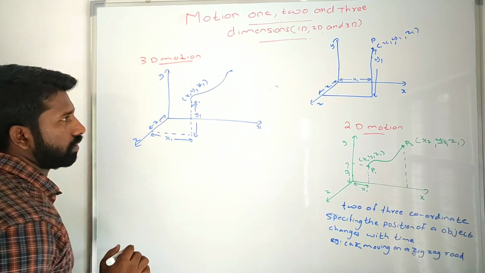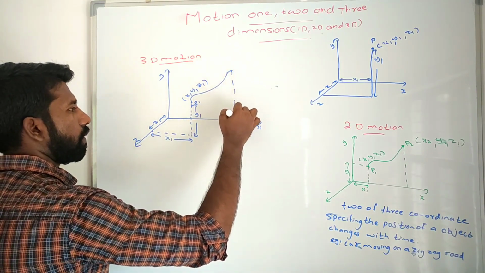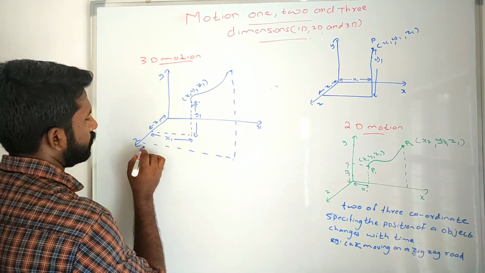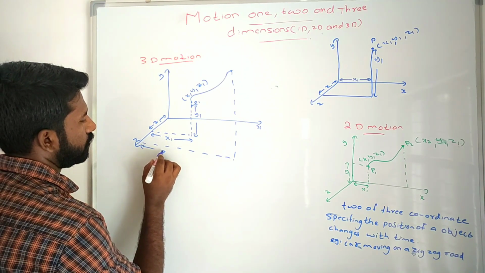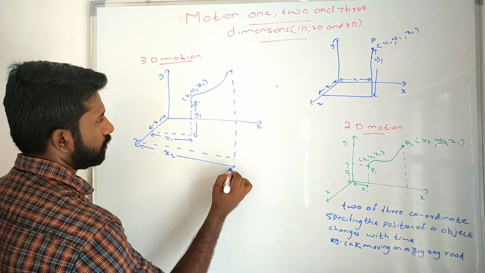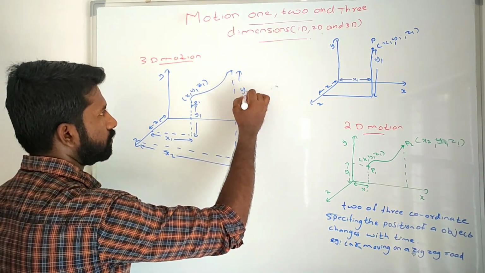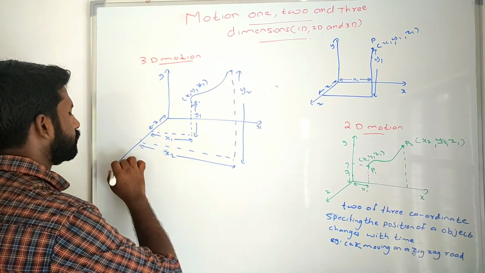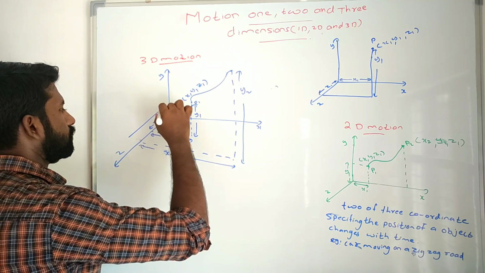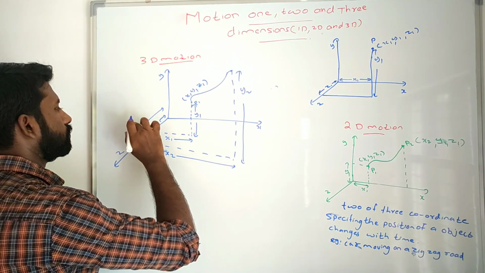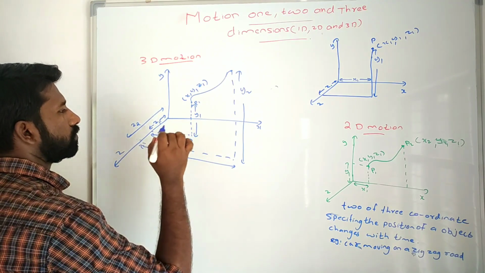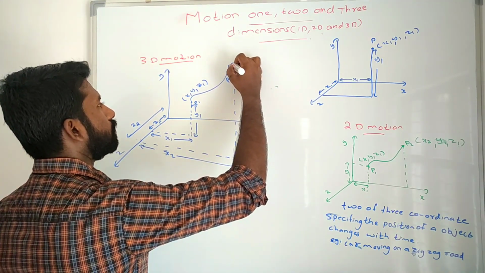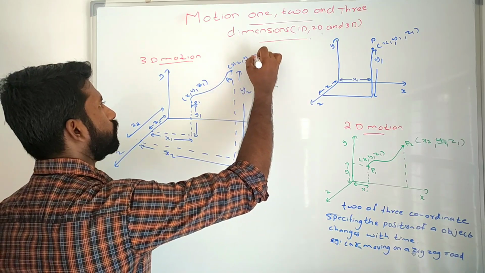Y1 distance. Okay. Next to this point is this point. See here, this is X2 and this is Y2, and we can extend a little bit more here. This is Z2. This is Z1. So this point P2 has the components X2, Y2 and Z2.